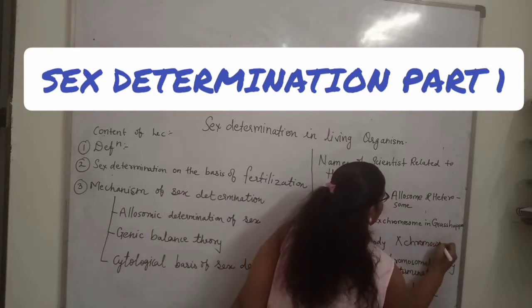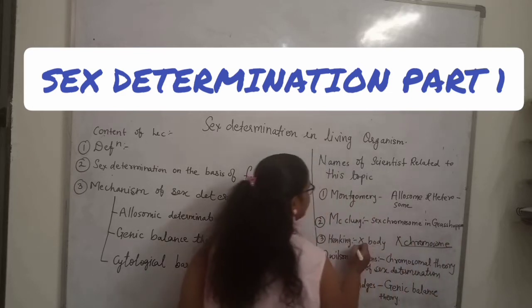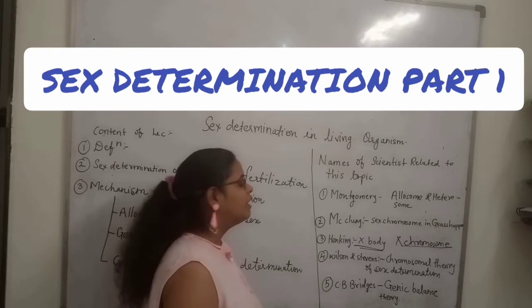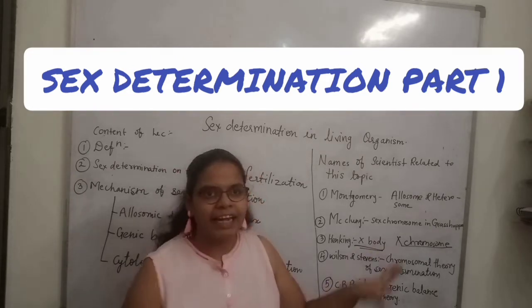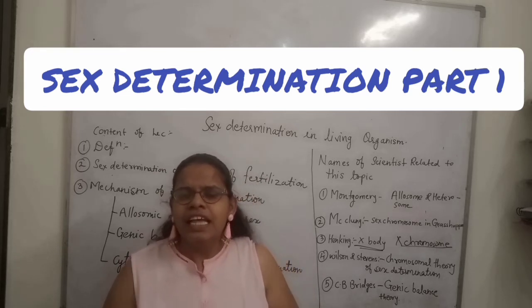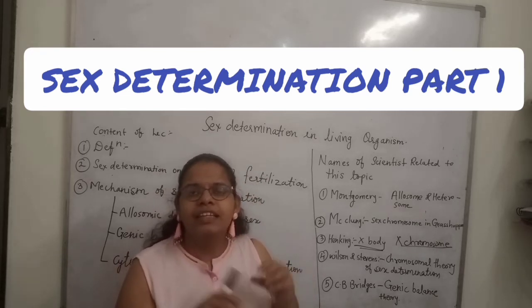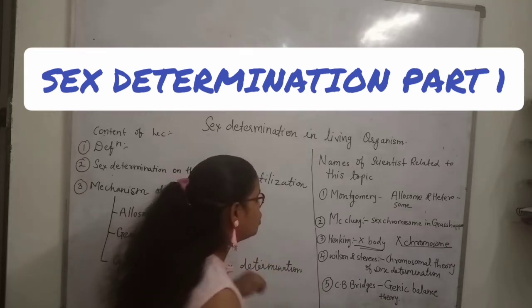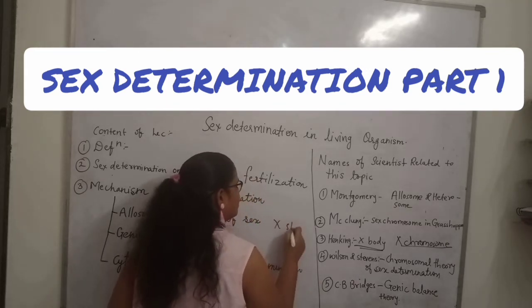But he named this X chromosome the X body, because he was carrying out some studies on insects, right? What he saw was that there are many insects which have a chromosome in X shape.